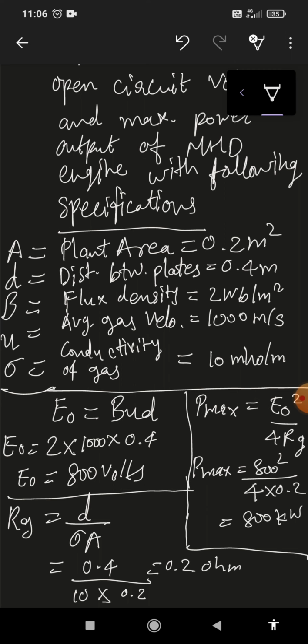So this is the P max value. So the both terms which we needed to find out, P max and E0, we have found. So this solves our problem. I hope you understood.